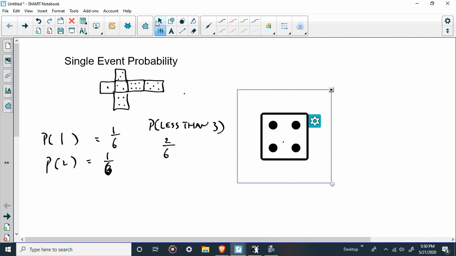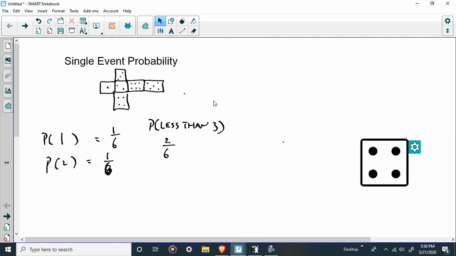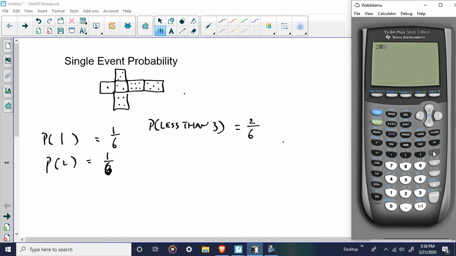And again, we can talk about what we haven't talked about yet, turning this into a decimal or a percent. If we want to know 2 out of 6 as a decimal, you take out your calculator and divide 2 by 6, which is 0.33333.